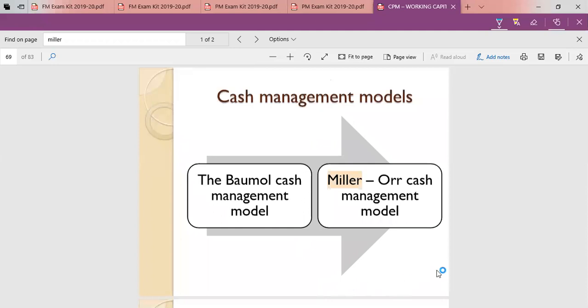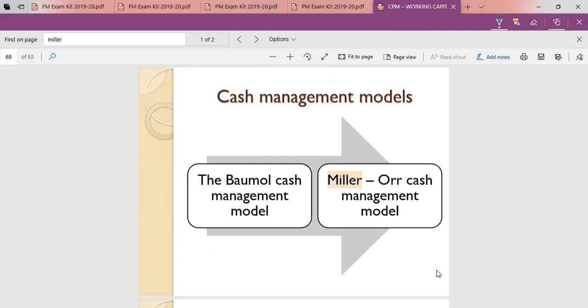So how much cash has to be maintained is the question we are looking at. So the advantages we've looked into: if the cash is maintained, they can avail discount offers, they can meet their day-to-day transactions.